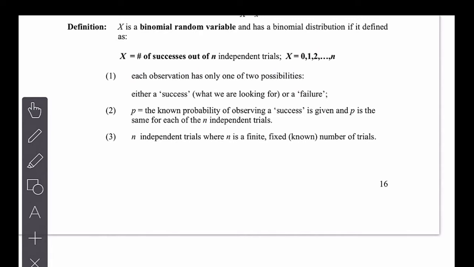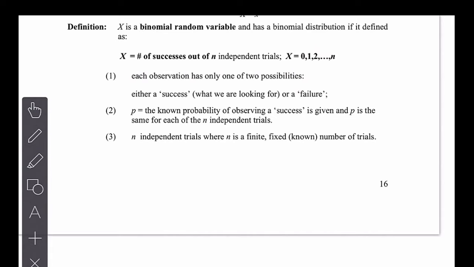So the situation is that I'm going to repeatedly observe or do something, and each time I observe, I'm looking for something in particular. And because I'm particularly interested in that one thing, if I don't see that one thing, I'm going to note it as well.